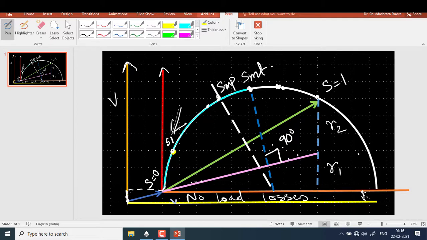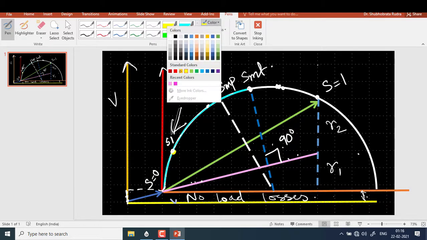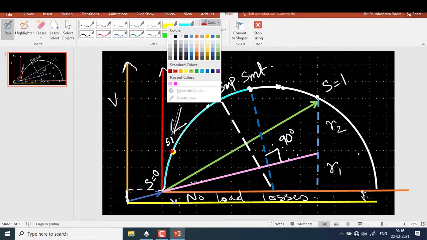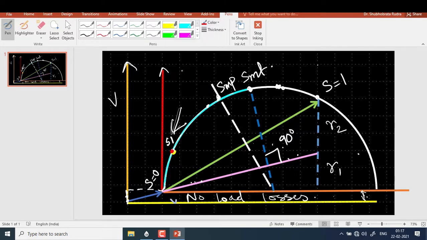It is very easy to figure out. Just join this S1 with this point. This is the value of current, and this I naught always remains constant, and this is your I2 dash for that given load.